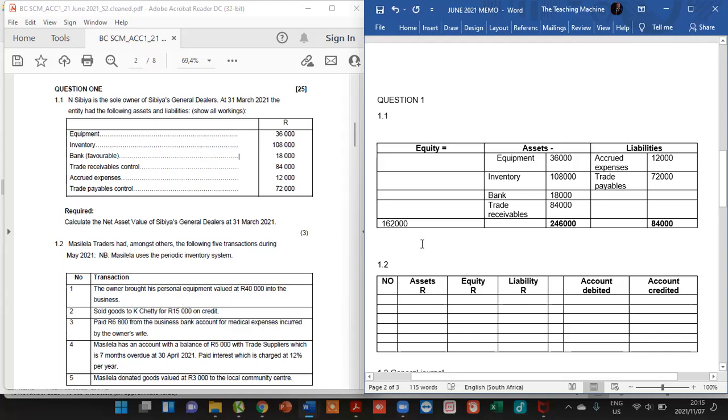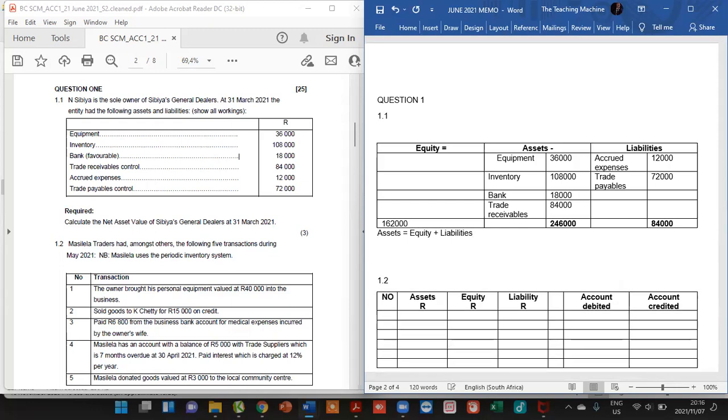So I think we should also know all the variables of the accounting equation. What if in the exam, they ask you to work out assets? What if they ask you to work out liabilities? So the accounting equation can be expressed as follows. Assets equals equity plus liabilities. Equity equals assets minus liabilities.